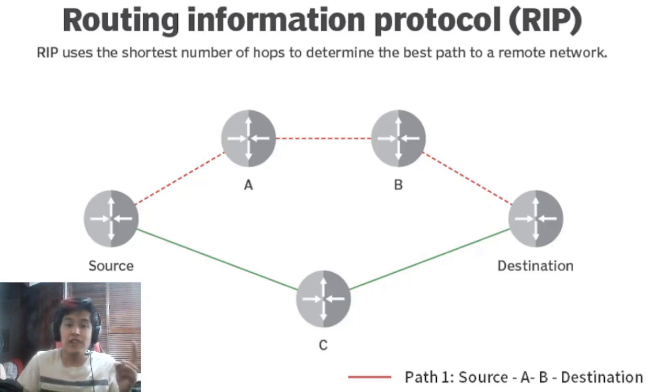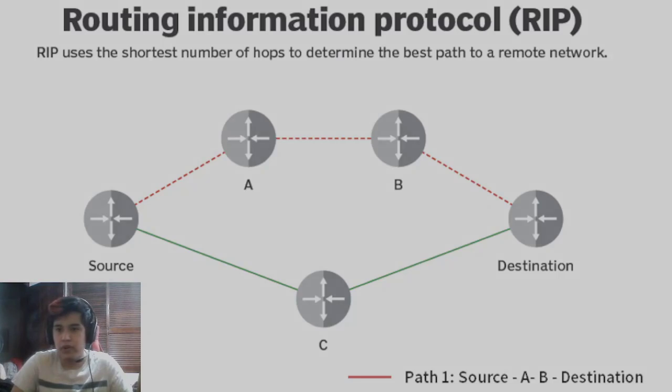As you can see in this image, the Routing Information Protocol decides for route C, because it has a minor amount of leaps in its way, and that's the RIP protocol.